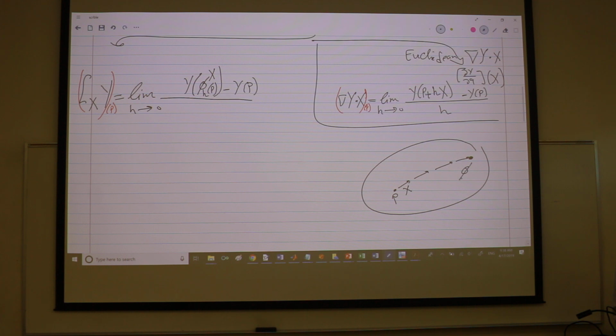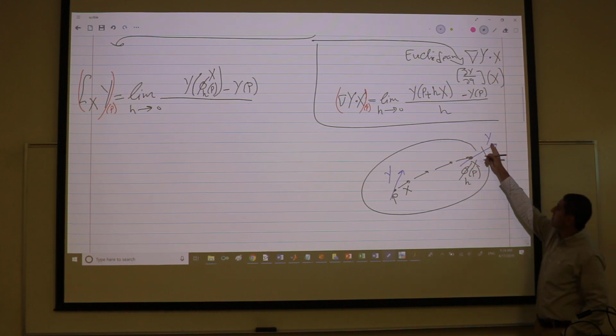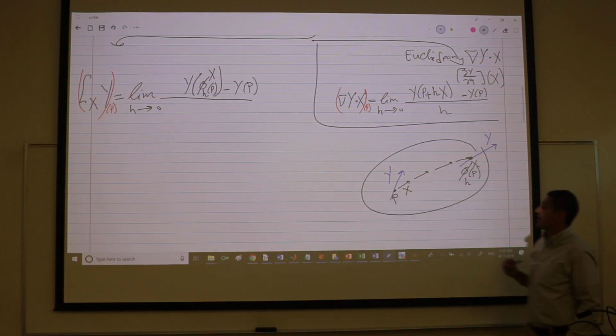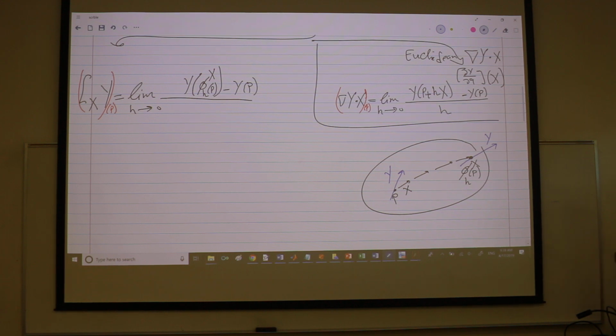This is phi from P for some time along X. I have the vector field Y, so this is Y at point P. When you go over there, it's a little bit different because it depends on the point, right? So this is Y at the new point. And now you're asking me to subtract this guy minus that guy. And I'm asking you, is this well defined? It's not defined because the first and second vectors belong to two different tangent spaces. Exactly.